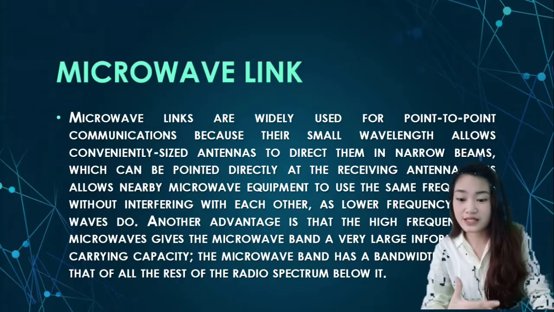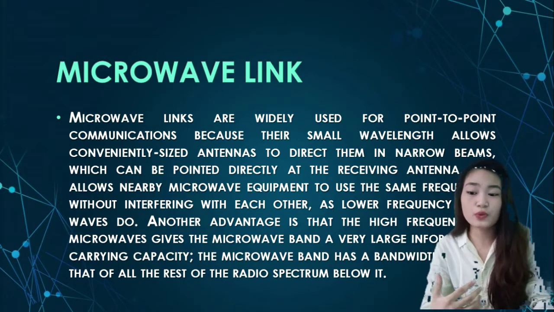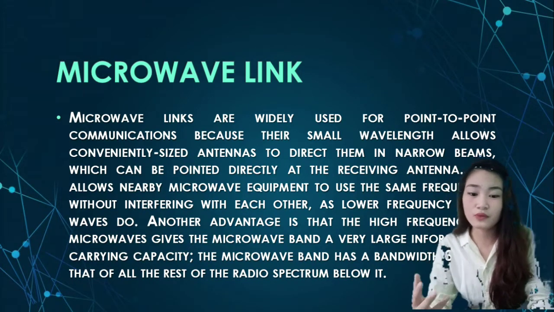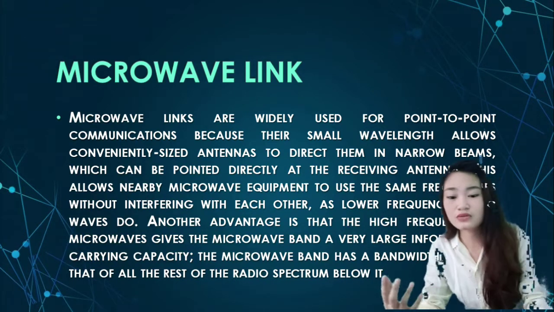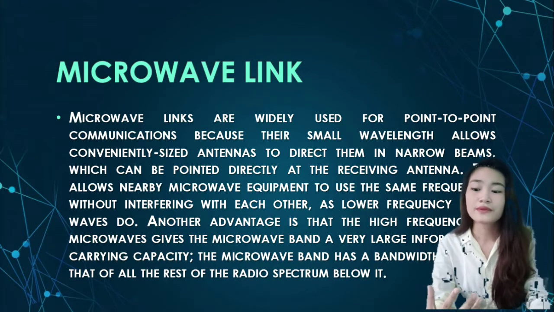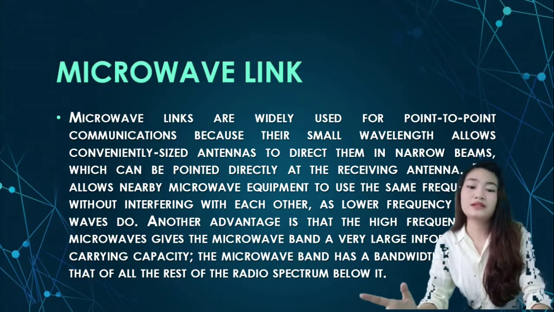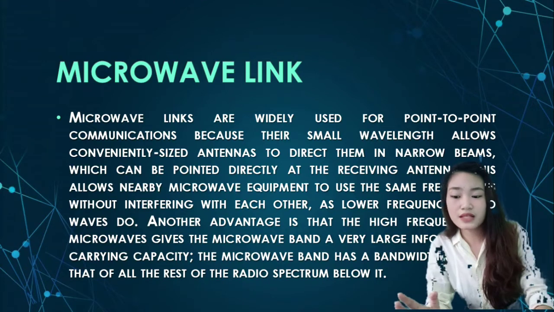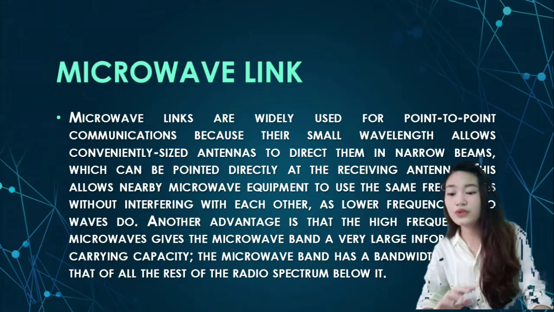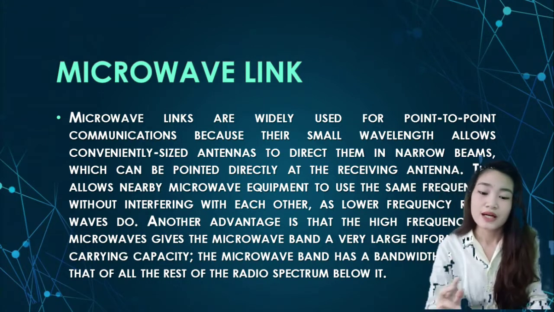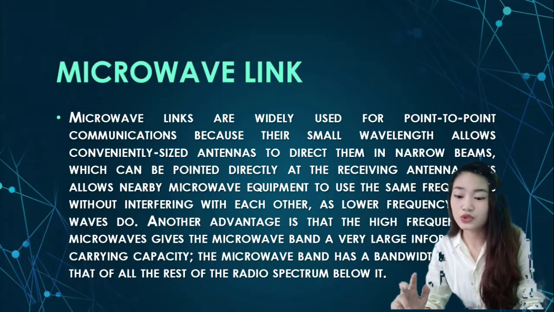Microwave links are widely used for point-to-point communications because their small wavelength allows conveniently sized antennas to direct them in narrow beams, which can be pointed directly at the receiving antenna. This allows nearby microwave equipment to use the same frequencies without interfering with each other, as lower frequency radio waves do.